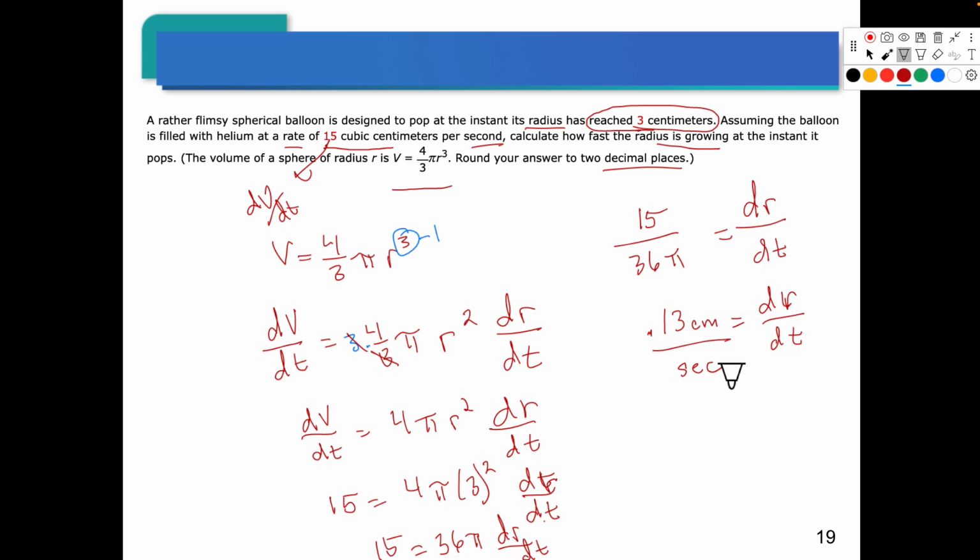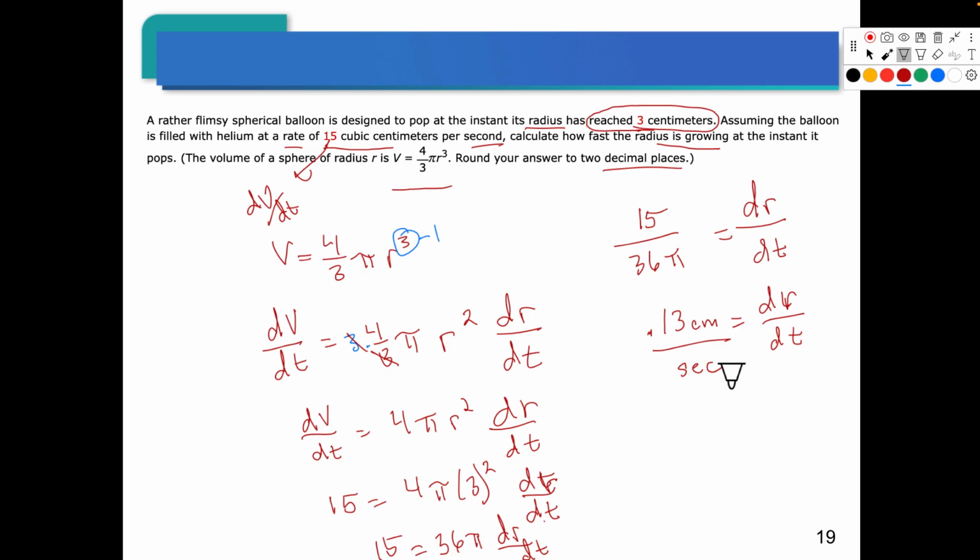Is that pretty straightforward? Okay, so the calculus part is not complicated. There are fairly simple derivatives that we're taking, but setting up the problem, knowing when to plug things in, and that we've got two variables that we're taking the derivative of at the same time. We've got two different rates.